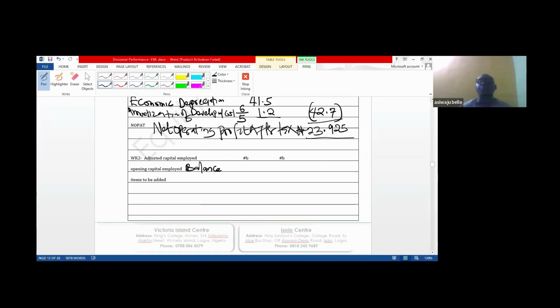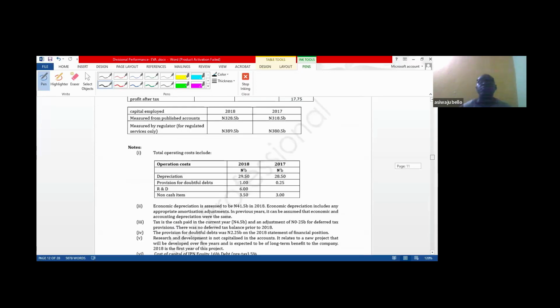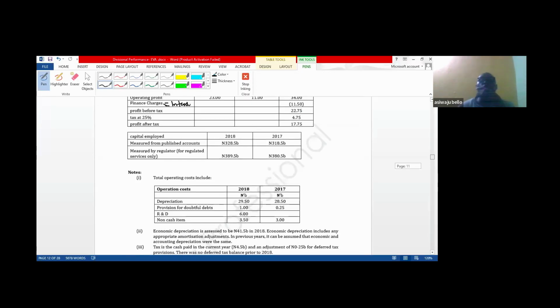Let's go to the question. Look at the capital employed. You have capital employed measured from published accounts, and you have one measured by the regulator. Which one are we going to use?